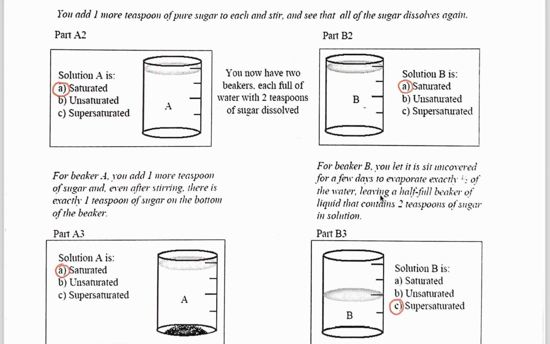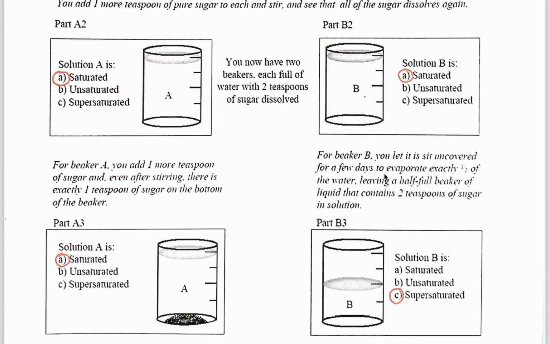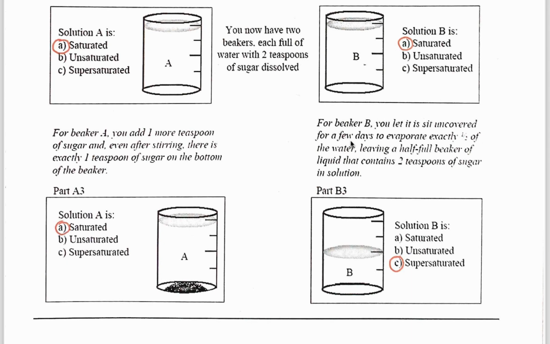For this one, okay, if you notice, because you did the exact same thing to beaker A, B is also going to be saturated. But now what we're going to do is we're going to leave this solution, and we're going to allow some of the water to leave. And if you notice, you have a maximum amount of solid dissolved, but then you remove some water and none of the solid leaves.